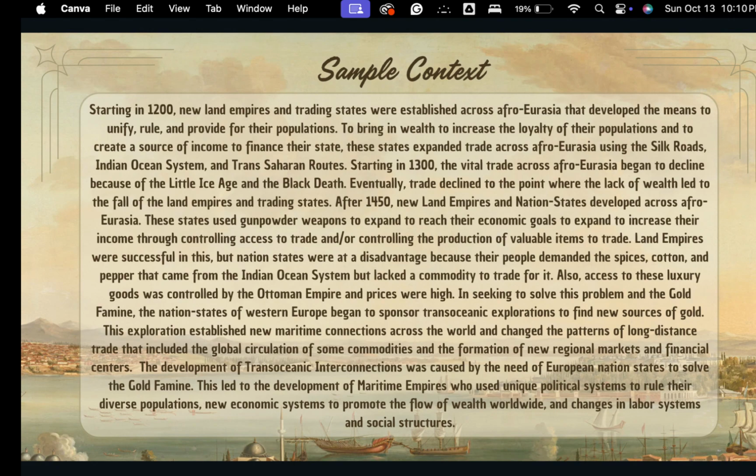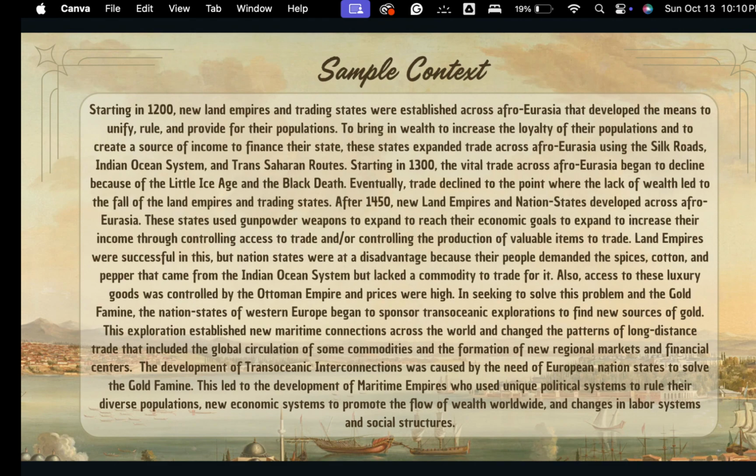transoceanic interconnections. Starting in 1200, new land empires and trading states were established across Afro-Eurasia that developed the means to unify, rule, and provide for their populations, to bring in wealth and increase the loyalty of their populations, and to create a source of income to finance their state. These states expanded trade from Afro-Eurasia using the Silk Roads, Indian Ocean system, and Trans-Sahara.